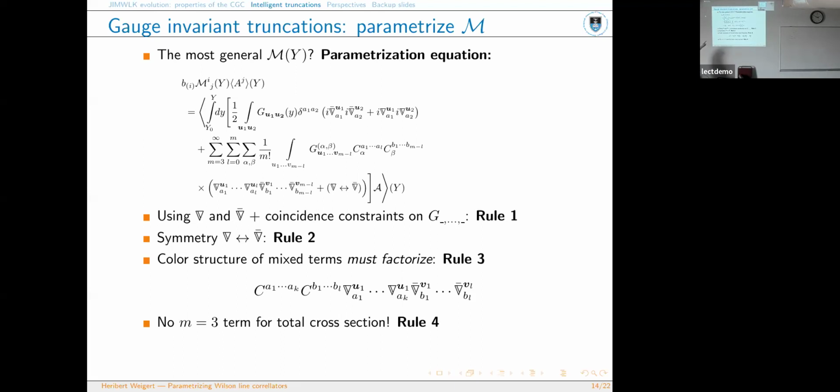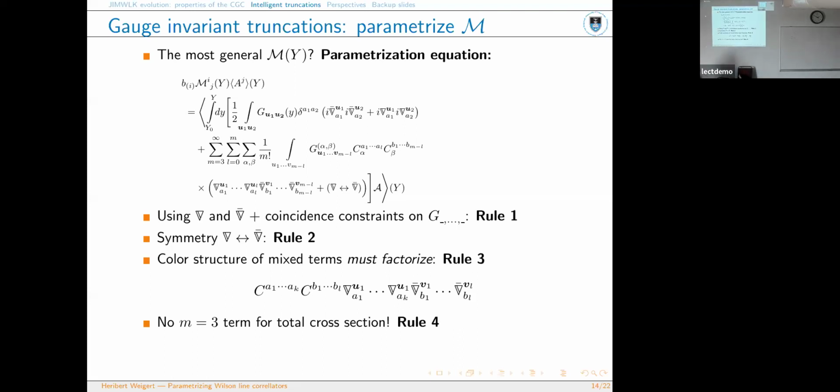What we do here is I'm using these left and right invariant vector fields and coincidence constraints on G to satisfy rule 1. Rule 1 was that all coincidence limits work. I write down expressions that are symmetric between the left and the right invariant vector fields, in order to ensure that the parameterization doesn't mix symmetric parts of the matrix with antisymmetric parts.